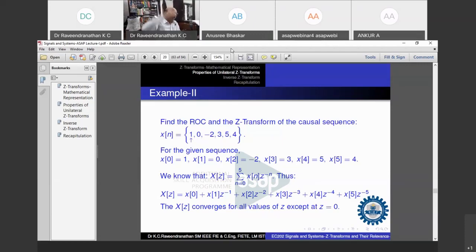In a general case, consider another signal, x of n equal to u of n minus u of n minus 3.